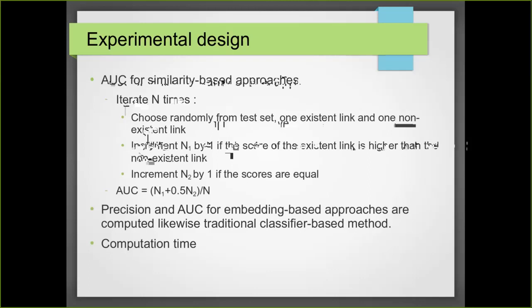And for computing AUC values, we iterate a process n times. For each step, we choose randomly an existing link and a non-existent link from the test set, and we increment n1 by 1 if the score of the existing link is higher than the score of the non-existent link, and increment n2 by 1 if the scores are equal, and use this formula for computing the AUC values.